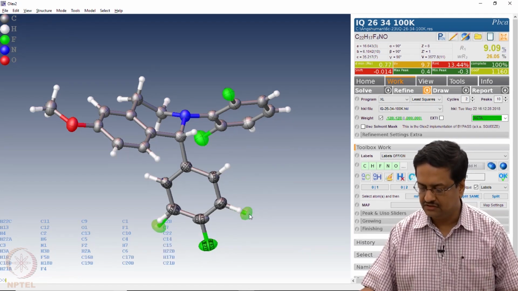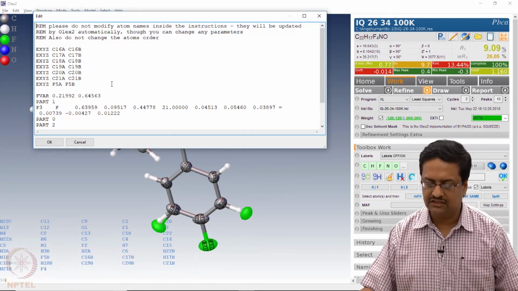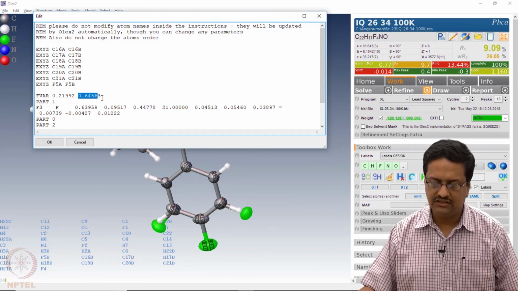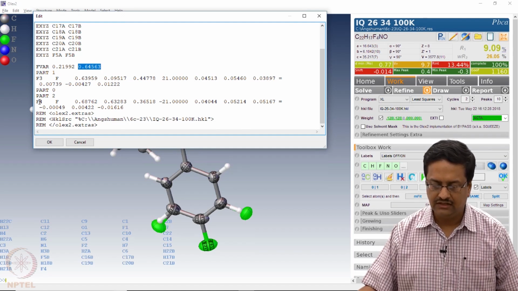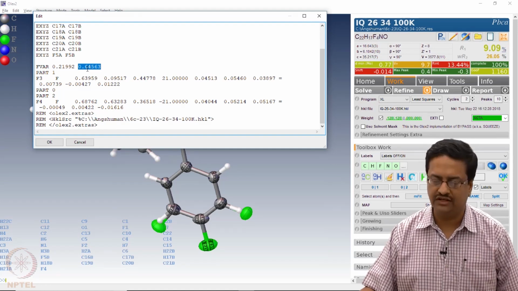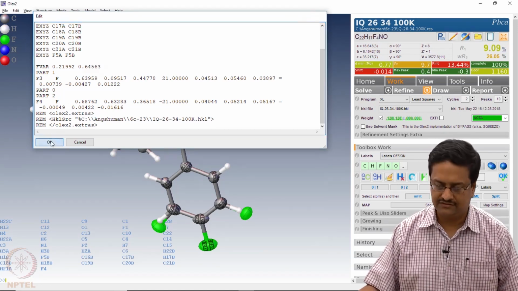If we just take those two atoms and try to see, what we see is 0.64. So 0.64 is for plus 21, which is F3, and the other one is minus 21. So that is 1 minus 0.64, about 0.36.